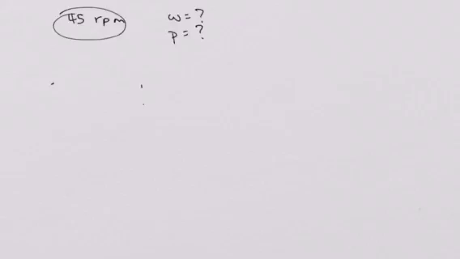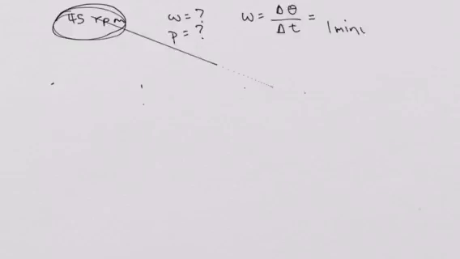Omega is equal to the change in the angle over change in time. If it's 45 revolutions per minute, the change in time, at least at the get-go, is 1 minute. We're going to change that to seconds.